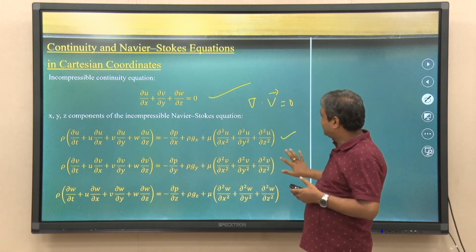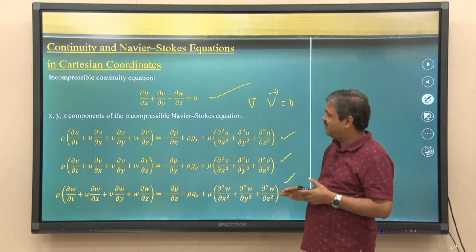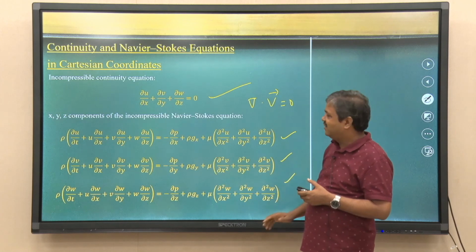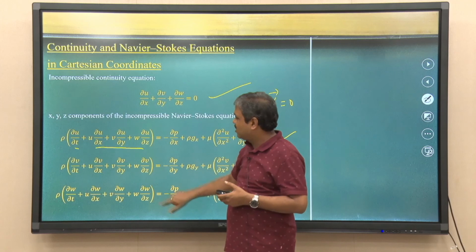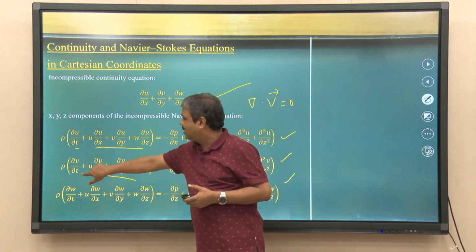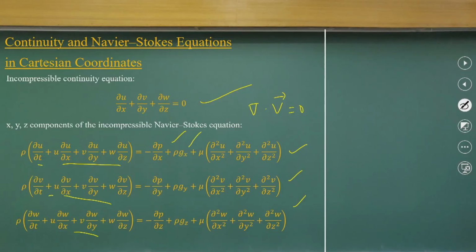The other components, as I explained step by step, you can expand: the local acceleration and the convective acceleration, the pressure force, the gravity force, and the Laplace operator of u, v, w times mu.